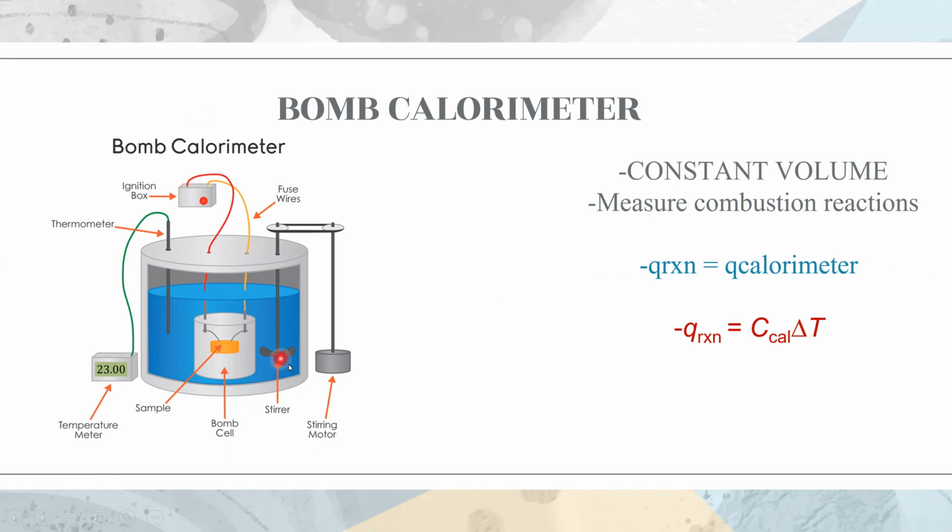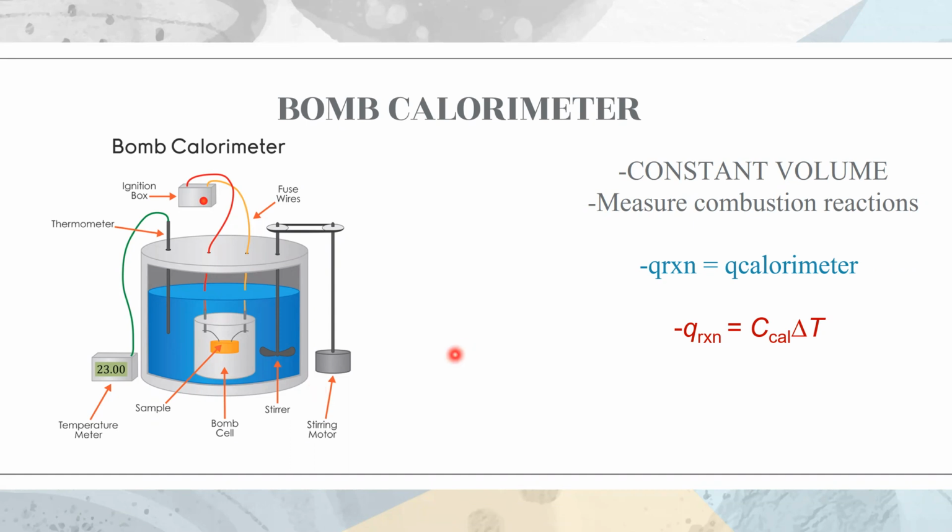And we can get that by running a reaction that gives off a known amount of heat, and then we check by how much our calorimeter changes in temperature.